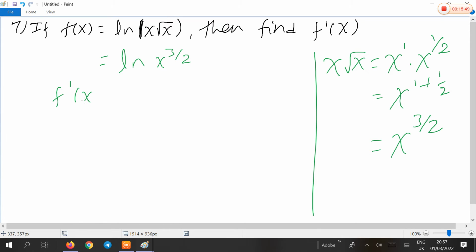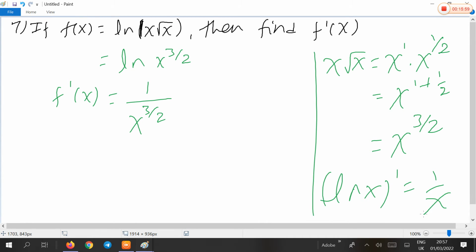So the first derivative will be 1 over x to the power of 3 over 2, since the ln x derivative is 1 over x, then times the derivative of x to the power of 3 over 2.